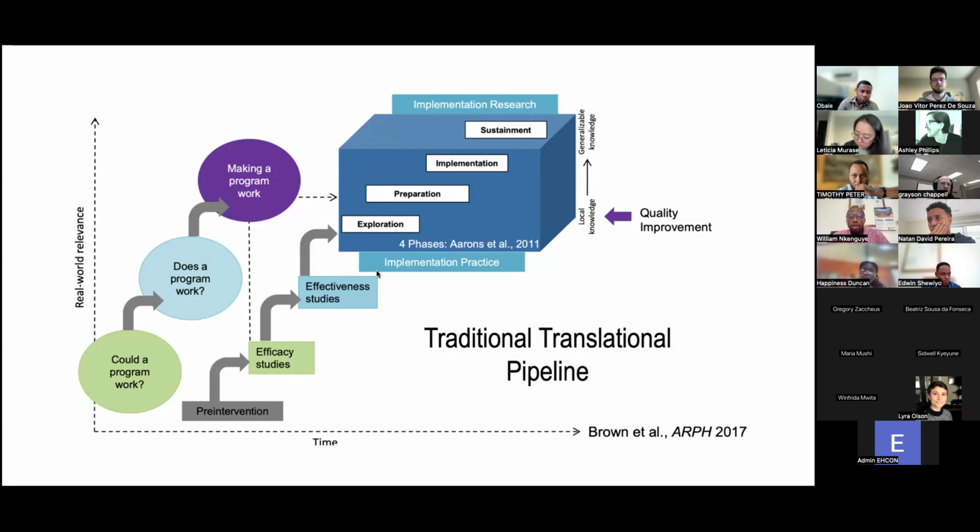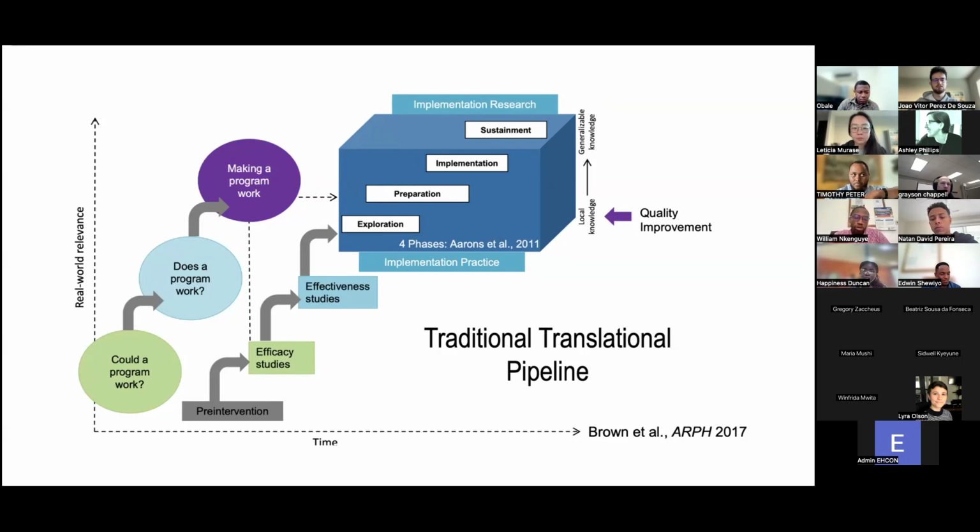The next step in the traditional translational pipeline is what we call effectiveness studies, and this is partly the meat of today's talk. Now that in a controlled environment, in a clinical trial, this works, does this program work in a real-world scenario? For example, if I roll out this drug to the community, to what extent will it work?